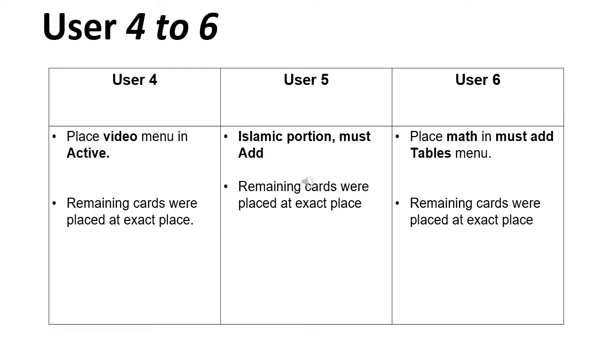Users 4 to 6. User number 4 said a video must be added, user number 5 said the Islamic portion must be added, and user number 6 said math and tables must be added in the mathematical menu, and the remaining cards were placed at the exit place.